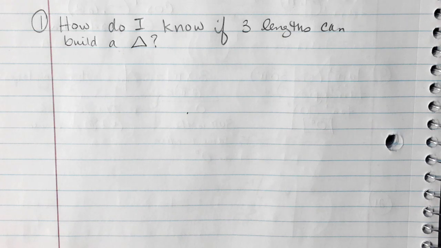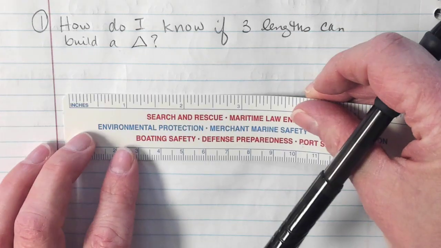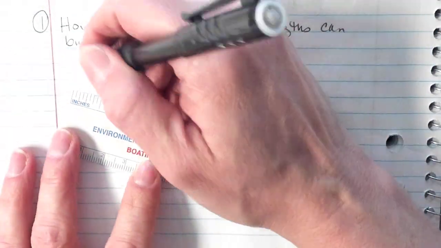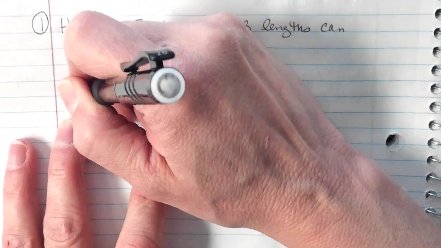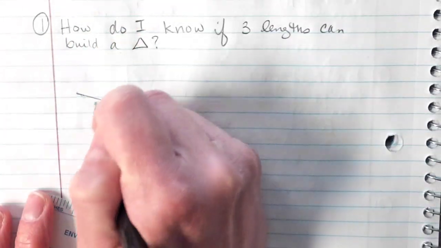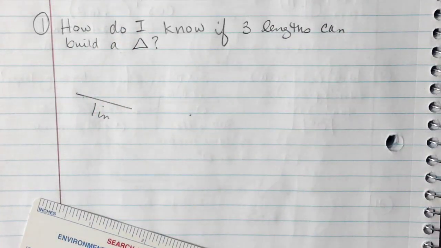So I'm going to draw with a ruler a little example. You guys are just going to sketch this, so don't stress about having a ruler. Let's say that I start to draw the length of a triangle so that it is 1 inch long. So just give me a little length, call it 1.